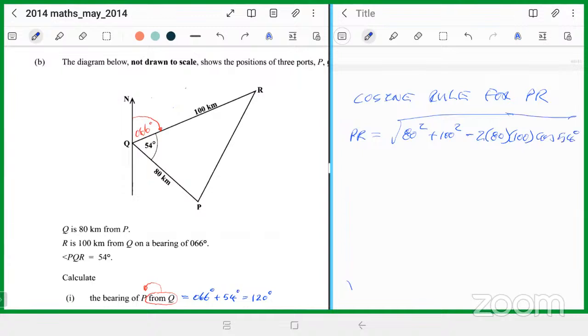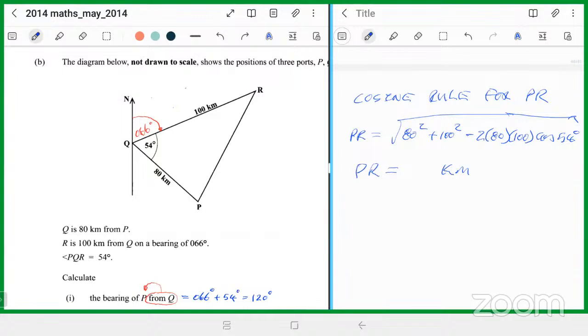Instead of putting the square on this, we have put the square root over there, so it eliminates one step. And so PR is equal to something kilometers. Anybody worked out this one?